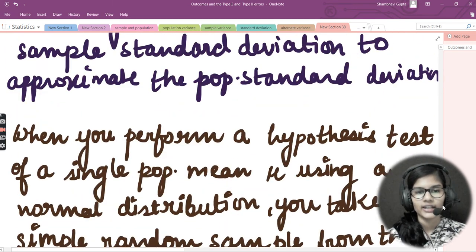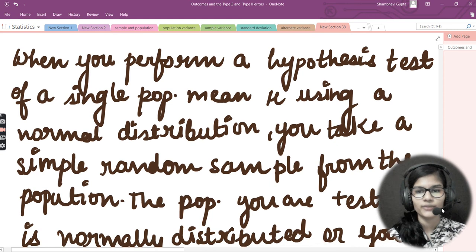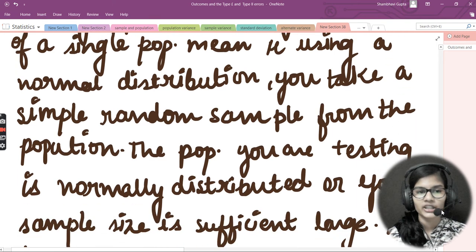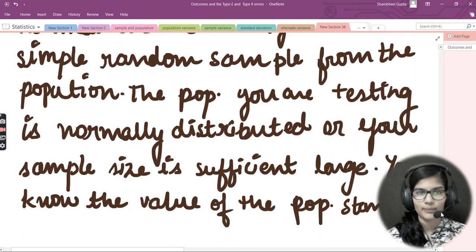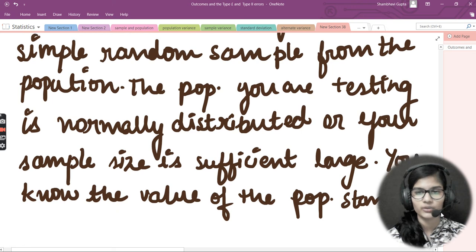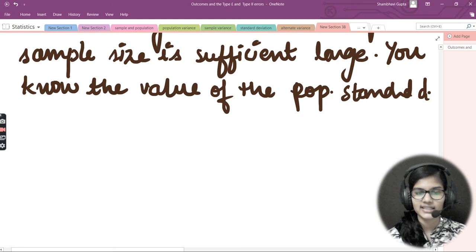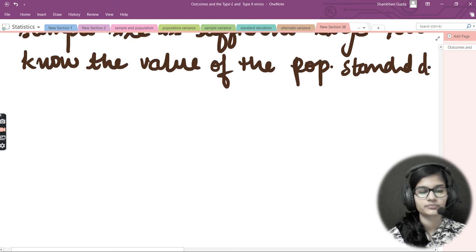So my condition says that when you perform a hypothesis test of a single population mean mu using a normal distribution, you take a simple random sample from the population. The population you are testing is normally distributed or your sample size is sufficiently large. You know the value of the population standard deviation, right?